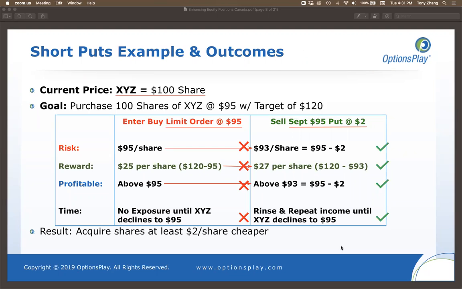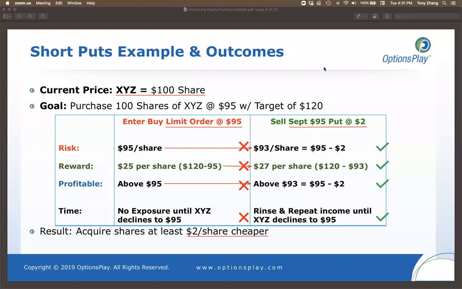Conversely, when you sell a cash secured put, you can rinse and repeat the strategy until it declines to 95. So you can continuously generate yield on your cash that you're putting aside to purchase this stock, as long as you're waiting for that stock purchase to execute. And this strategy allows you to purchase these shares at least $2 a share cheaper because of the $2 that you acquired by selling that cash secured put.